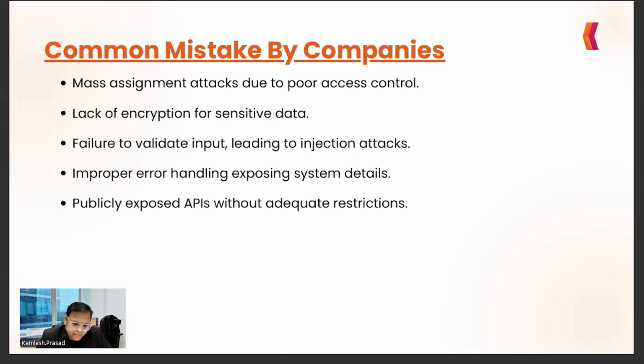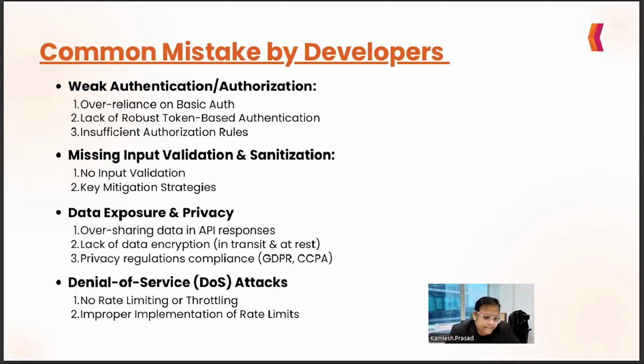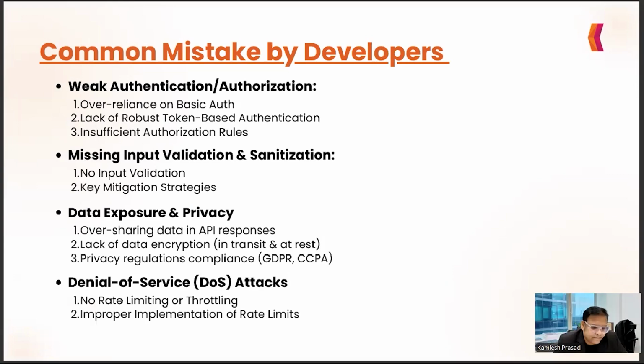Yes, Hassan, I'll take it from what Mr. Kamlesh already said. Those are the common mistakes that usually happen. But if you look at this from the development perspective, everything actually starts from authentication.